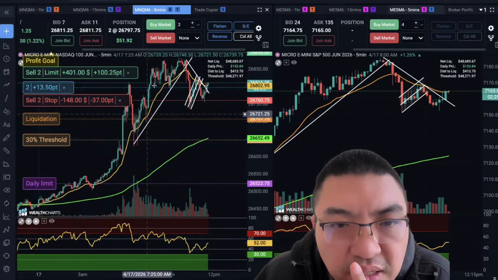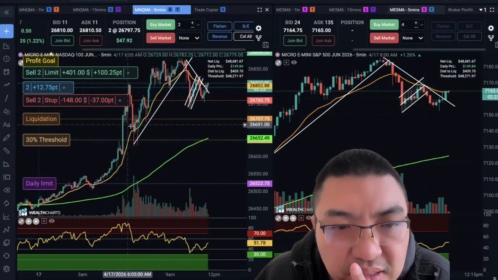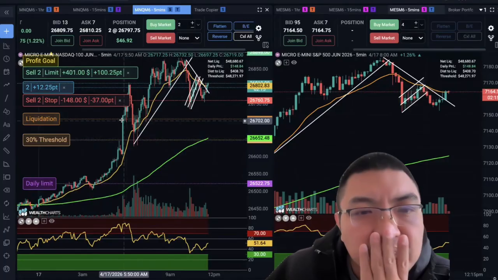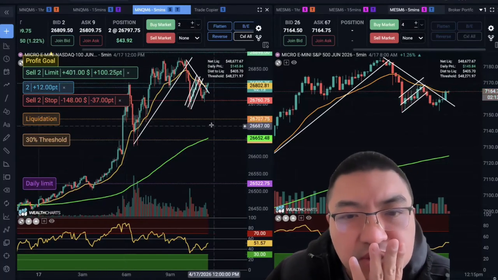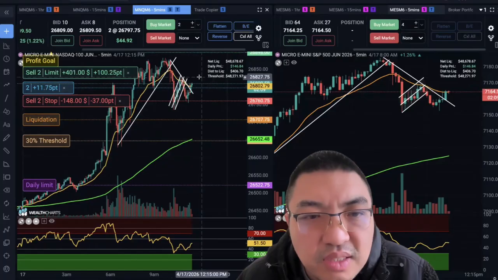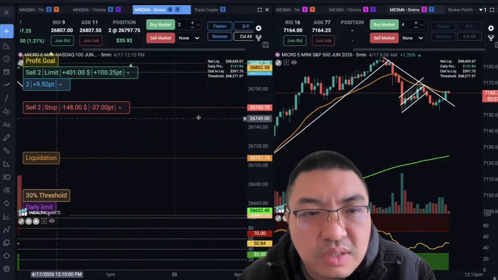Something like this does not happen frequently. This is even pre-market. Oh my God, how come pre-market has such huge momentum? One candle outpaces here.